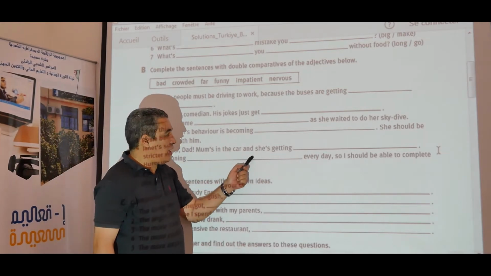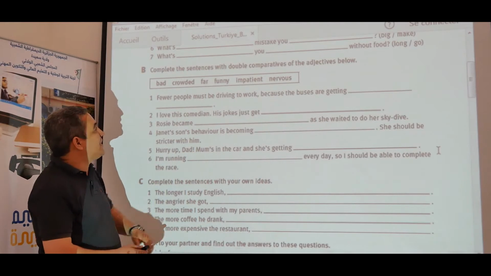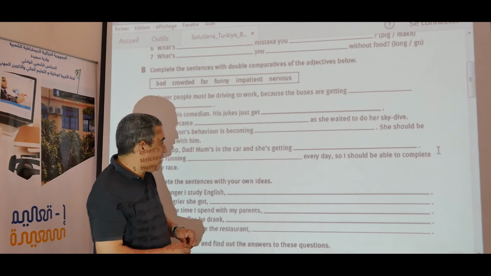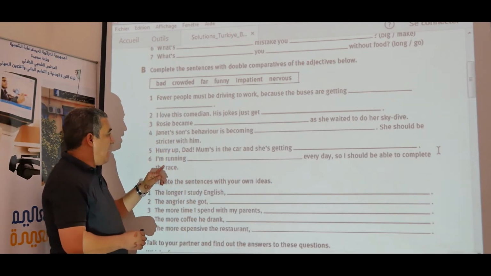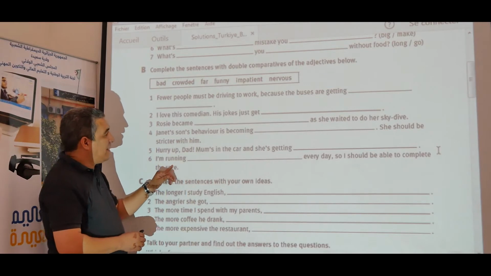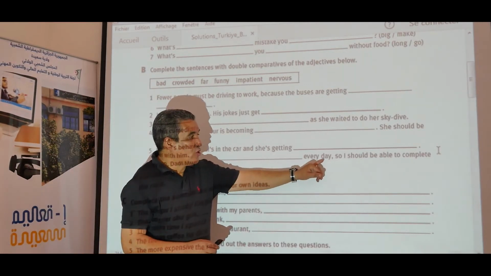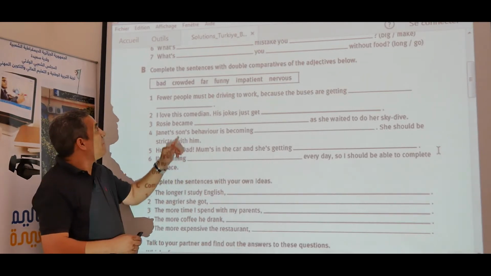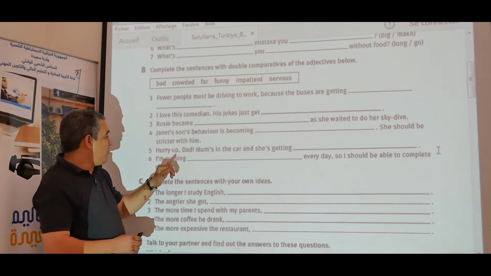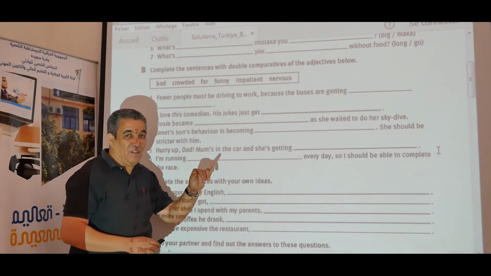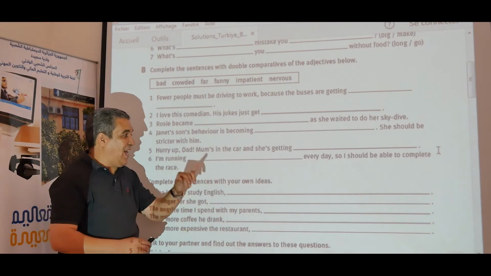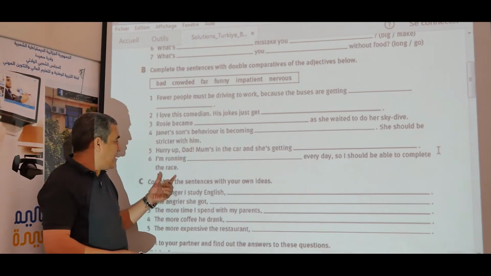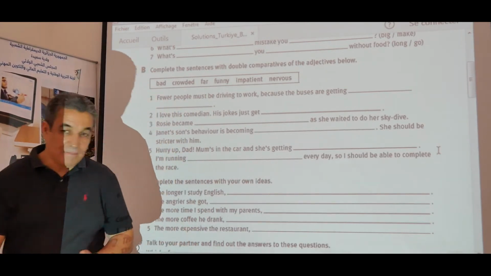Mom's in the car and she's getting more and more impatient. 6, I'm running farther and farther or further and further every day, so I should be able to complete the race. Excellent.